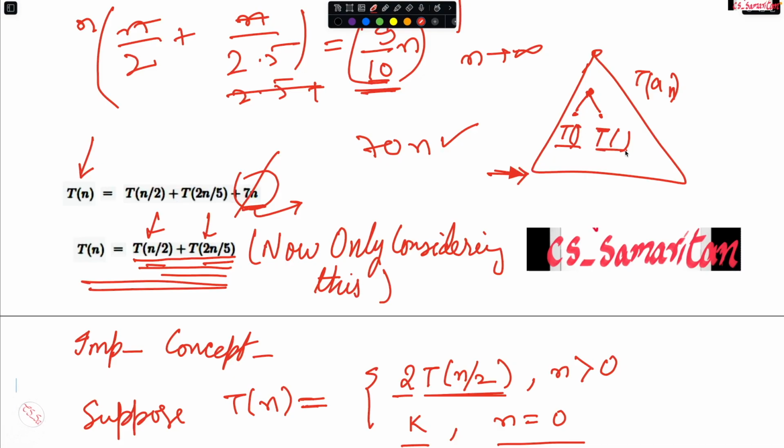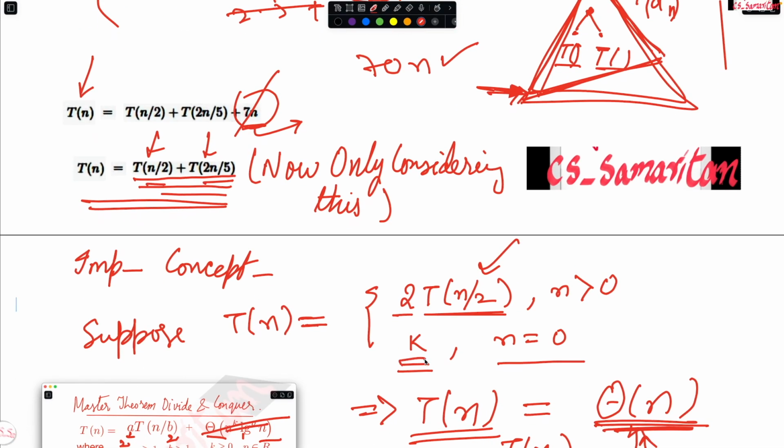So they are going to reach the leaf level faster. And because at every single level the tree is distributed into 2 and the number of levels is diminished, right? I know the left hand side is going to have the same number of levels as is present for this particular function, but the right hand side is going to have fewer levels. So the total number of leaves which are finally going to be converted into a constant by the break condition of our recursion is going to be less.